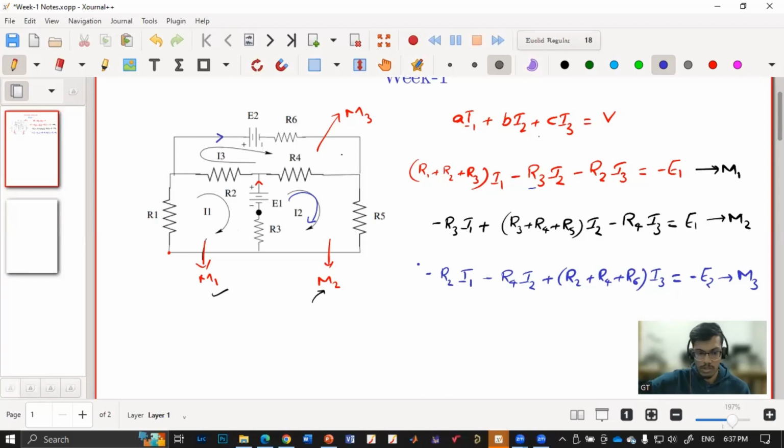Sir, will you discuss Cramer's rule to solve these equations? Okay. But are you allowed to use a calculator in the exam? We are not informed about this. Okay.